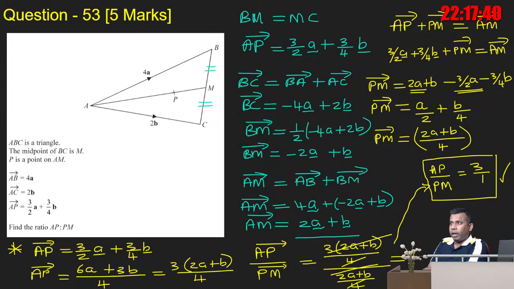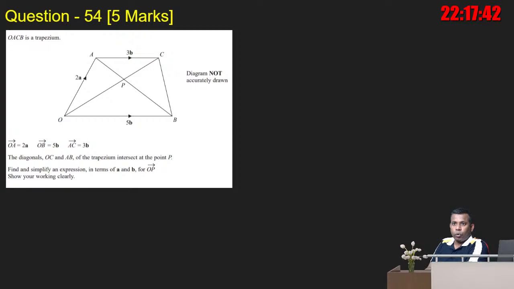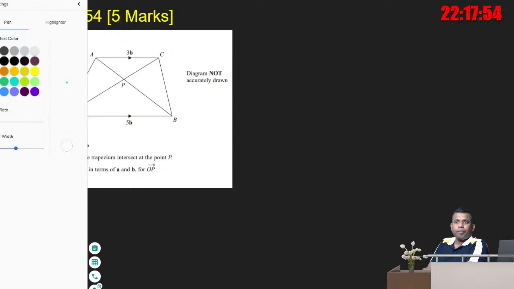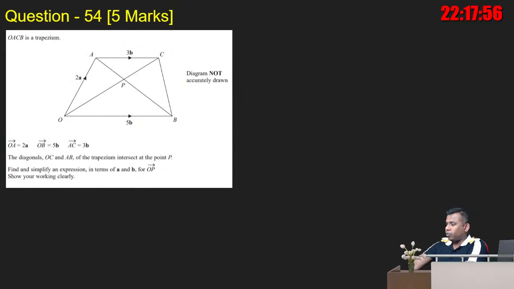Very good. So we are doing good, and we are going to go to question number 34. Have a look at this one. This is another question. You need to concentrate, making sure you fully understand this one. Let me change the color here. Read the question. OA is given as 2a, OB is given as 5b, and AC is given as 3b.